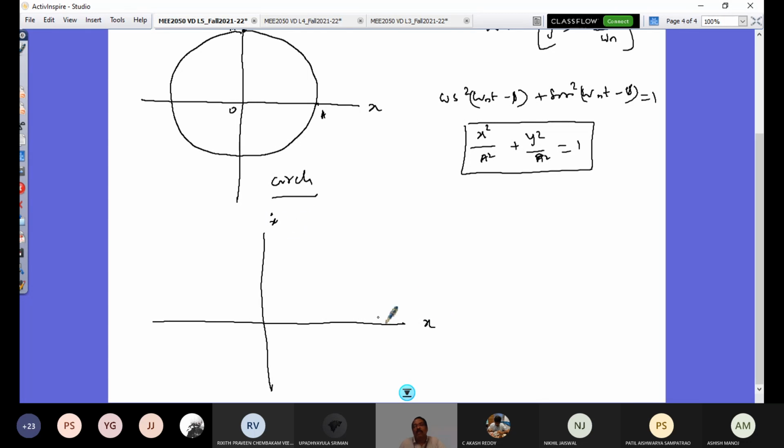So if I have a plane representing displacement and velocity, or velocity as a function of displacement, that representation is what is called the state space representation.